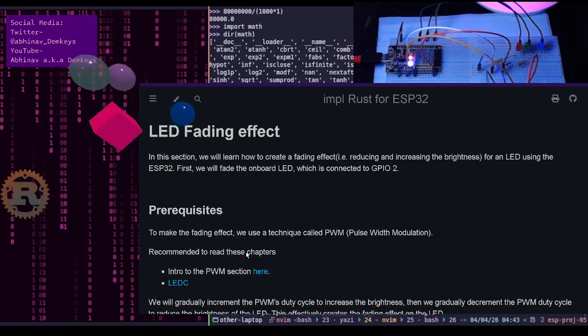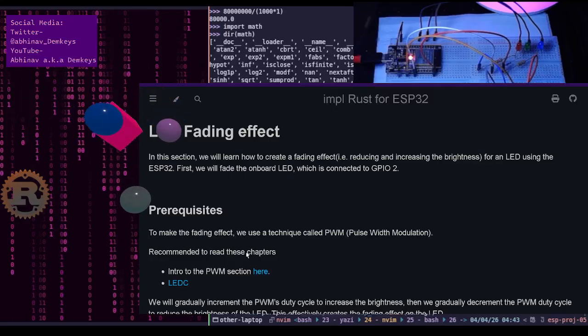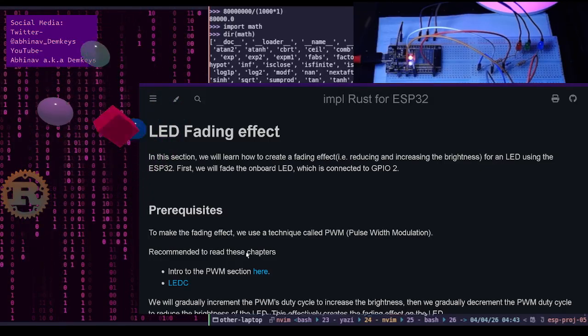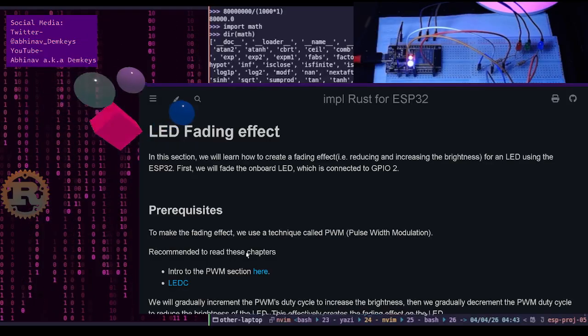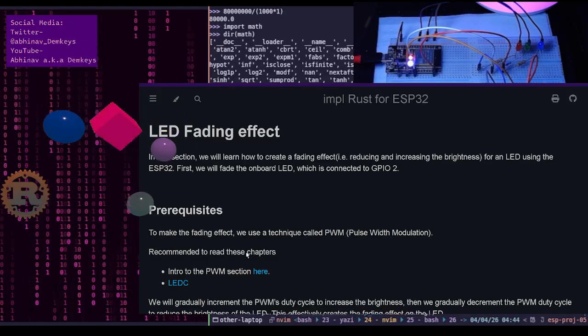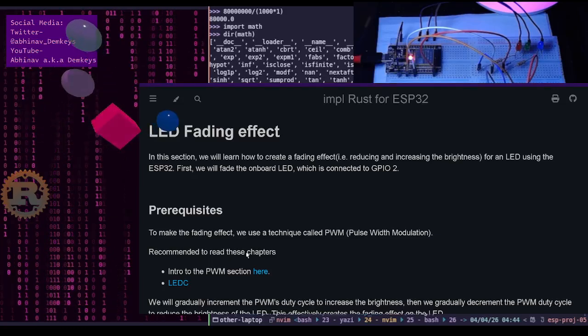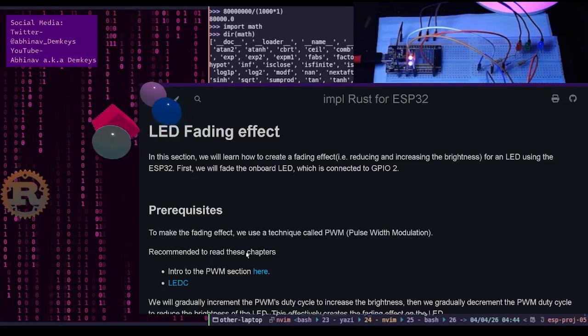One is the LED controller, so the LED PWM or LEDC PWM, and the other is the MCPWM. You can use it in two different ways, and depending on how you're using it, it's going to use different hardware in different ways. I don't know. I'm trying to wrap my head around this.